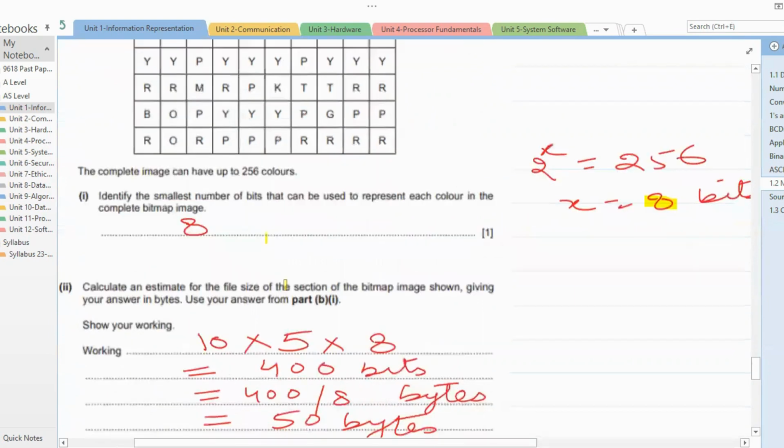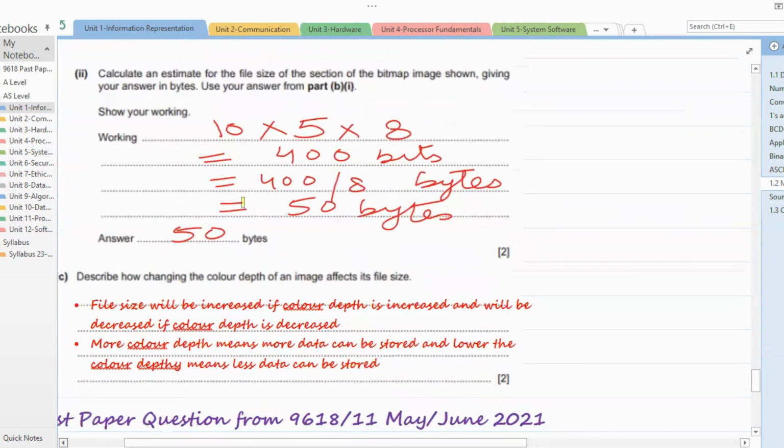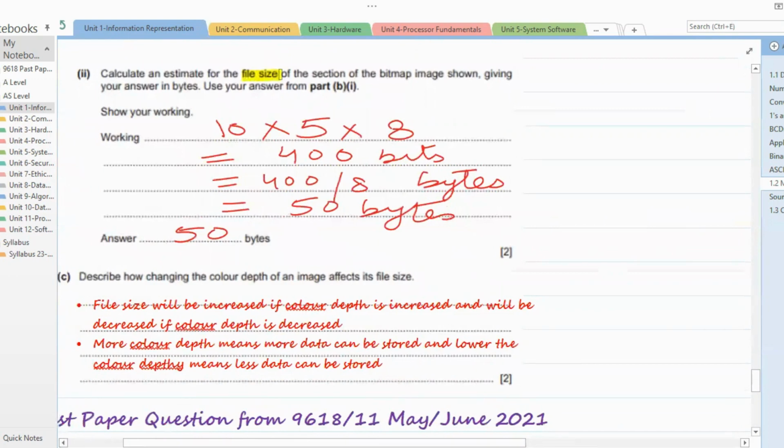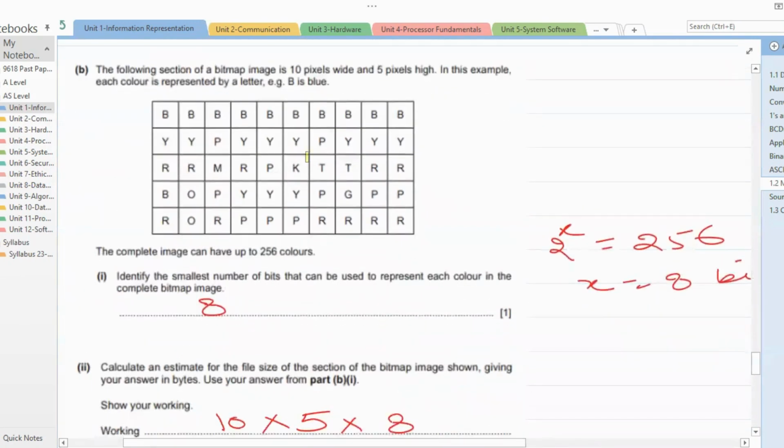Now, next question is calculate the estimate for the file size. So file size calculation for the section of the bitmap image shown above. In this image, what is the file size? So resolution given 10 by 5. So 10 into 5 multiplied by bit depth, which is 8.